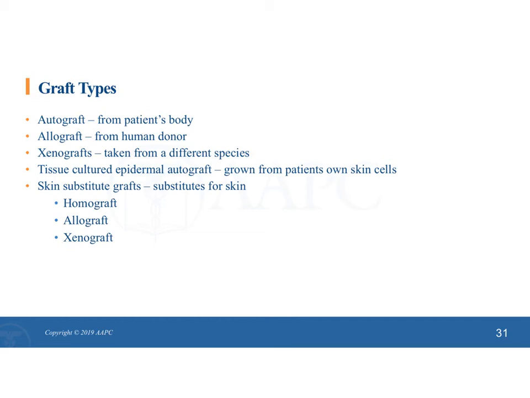Xenografts are grafts taken from a different species, such as a pigskin graft. Skin substitute grafts are reported with the 15271 to 15278 code range, and these are based on the location and size of the repair. The supply of the skin substitute graft is reported separately.